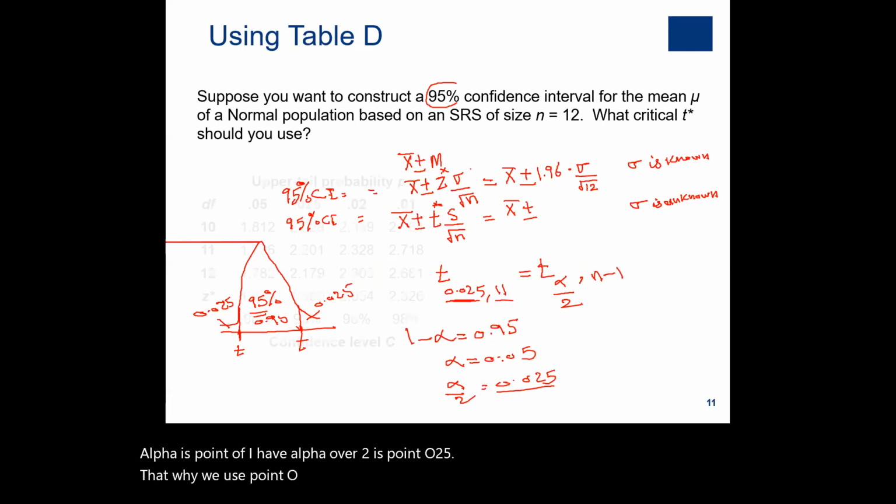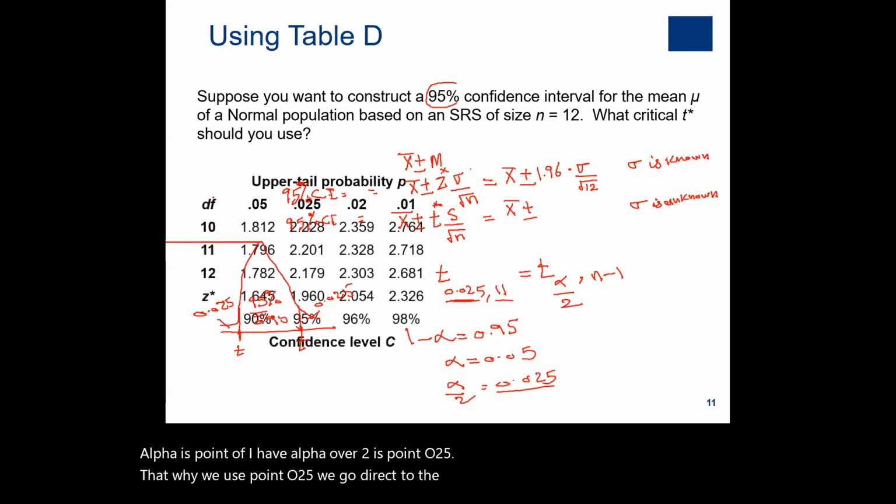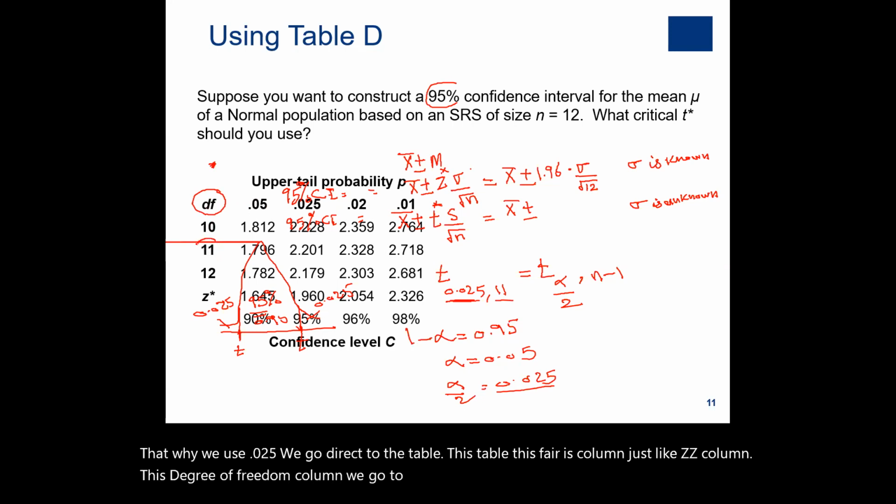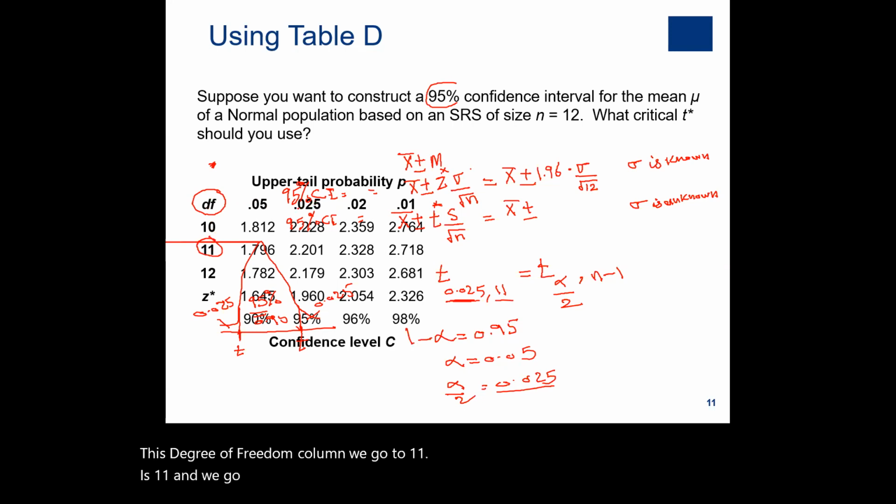That's why we use 0.025. We go directly to the table, this first column, just like the Z column, is the degrees of freedom column. We go to 11, and then to the column 0.025. The intersection is the value of t.